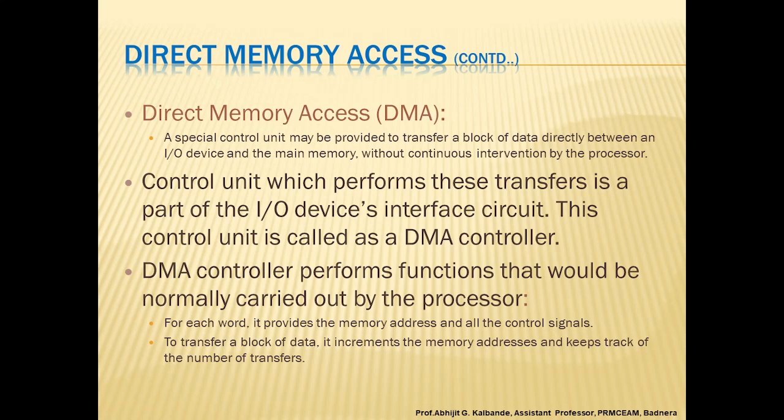On receiving this information, the direct memory access controller proceeds to perform the requested transfer. When the entire block has been transferred, the controller informs the processor by raising an interrupt. That is very important. In this way, direct memory access works well.